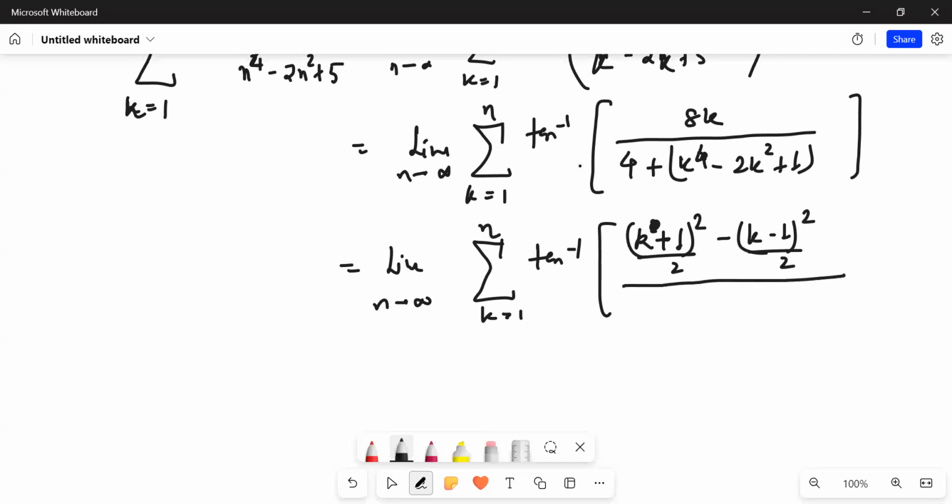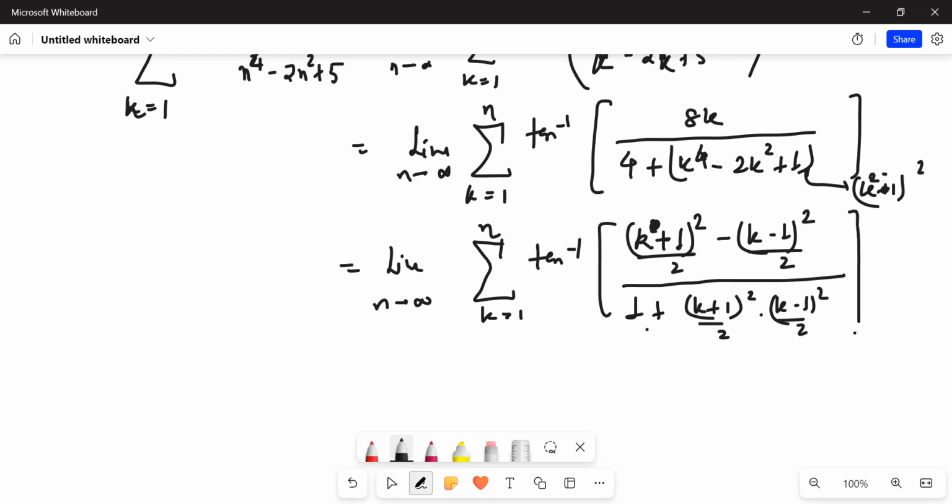So dividing by 4, I get 2k. And the denominator is 1 plus k to the power 4 minus 2k square, which is simply k square minus 1 whole square. So it can be written as (k plus 1) whole square divided by 2 times (k minus 1) whole square divided by 2.